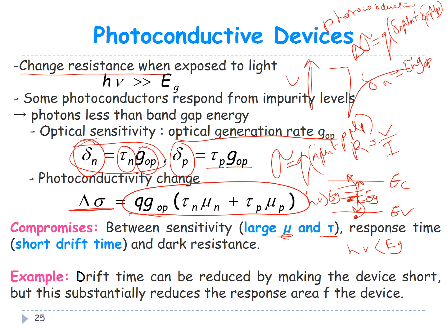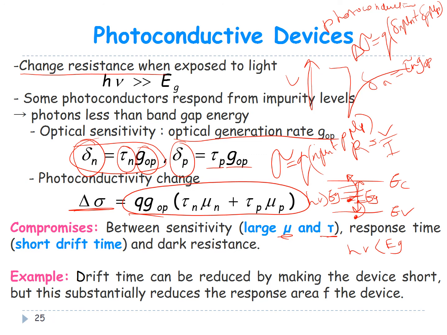Now, to achieve this large optical sensitivity, there's always a compromise between sensitivity, response time and dark resistance. Remember, the dark photoconductivity is the photoconductivity of the sample in the dark. Sometimes when you want larger photosensitivity, you have to increase the mobilities.